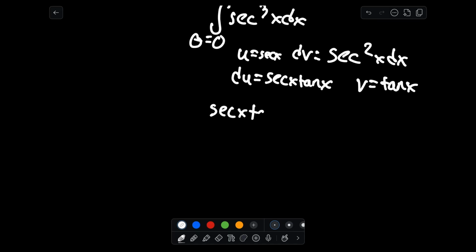So it's going to be secant x tan x minus the integral of secant x tan squared x dx, and eventually what's going to happen is that you're going to have to use integration by parts again to solve this example right here.